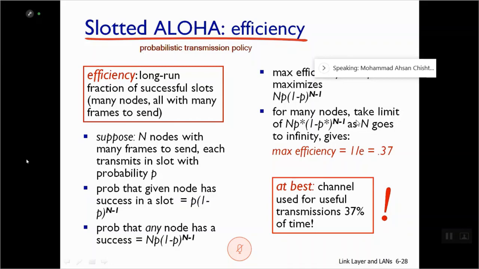Based on this, we will get the maximum efficiency that we can have. And it says, at the best, the channel used for useful transmission is 37% of the time.